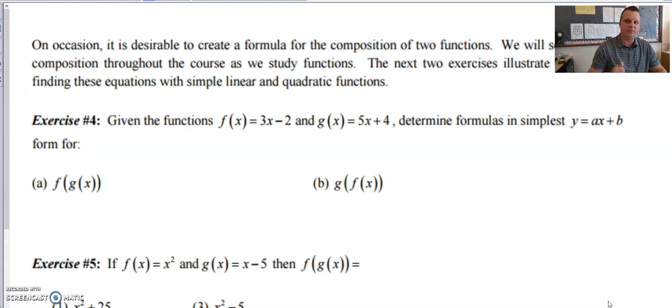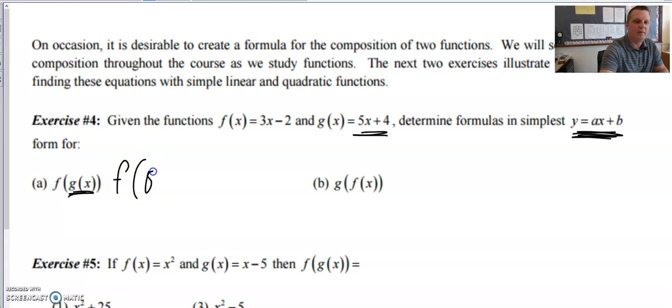So exercise 4, we're given the function f of x equals 3x minus 2 and g of x equals 5x plus 4. So we want to determine the formulas in simplest y equals ax plus b form. So what we need to do is take our g of x, which is 5x plus 4. So we have f of 5x plus 4. Wherever we see an x in the f of x, we have to put in that binomial.